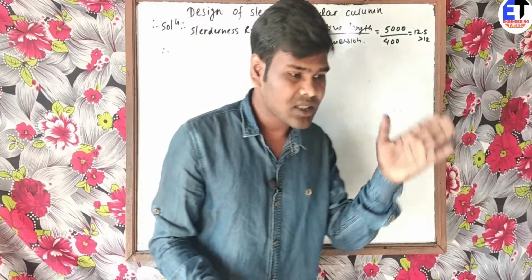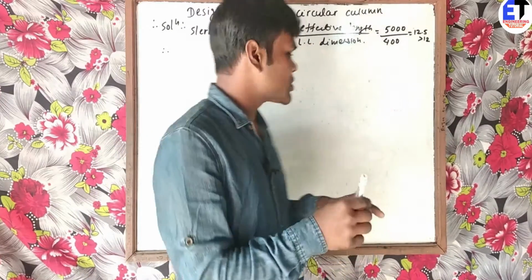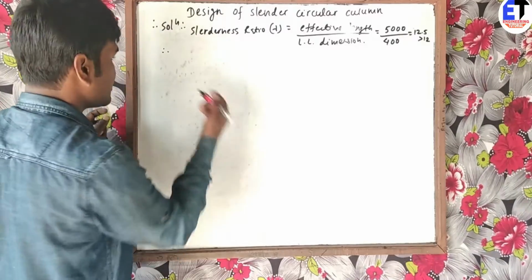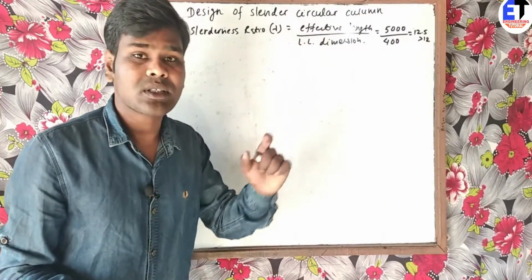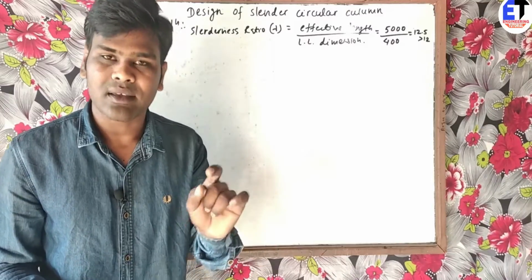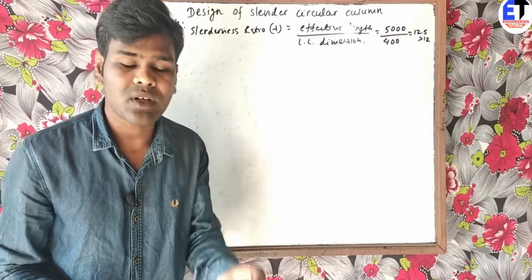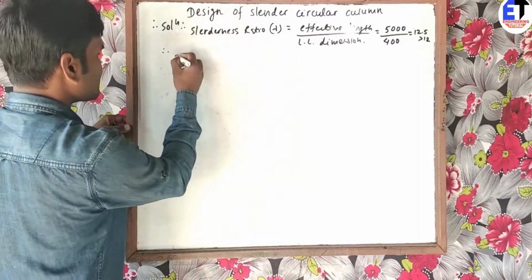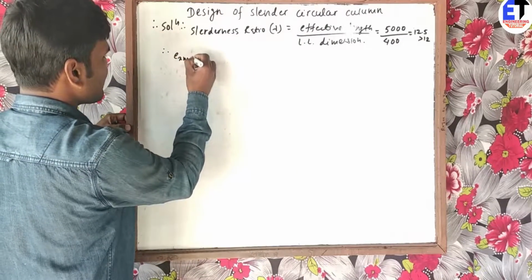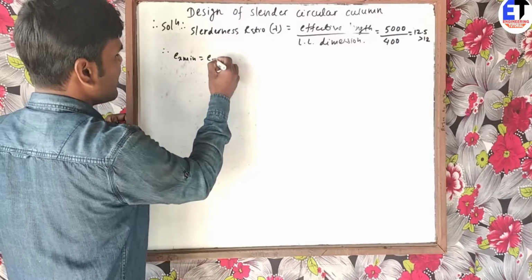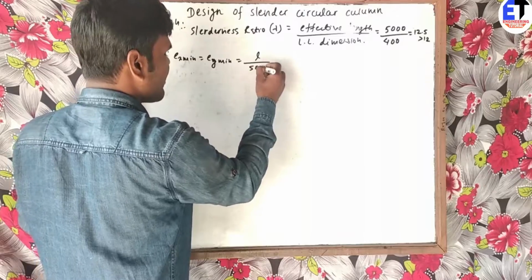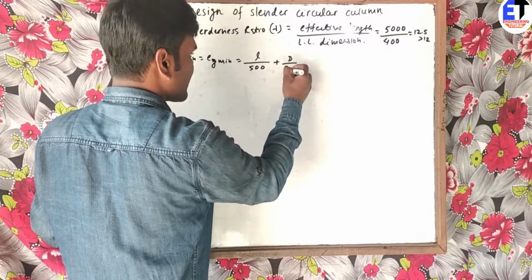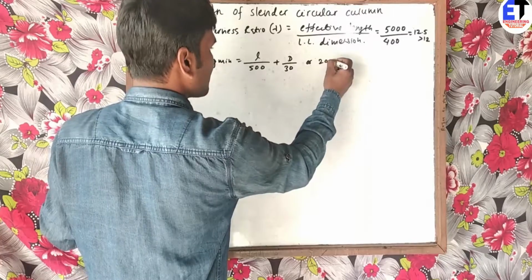The formula for minimum eccentricity for the circular column is ex minimum equal to ey minimum, because there is only one dimension. ey minimum is equal to L by 500 plus D by 30, or 20 mm.